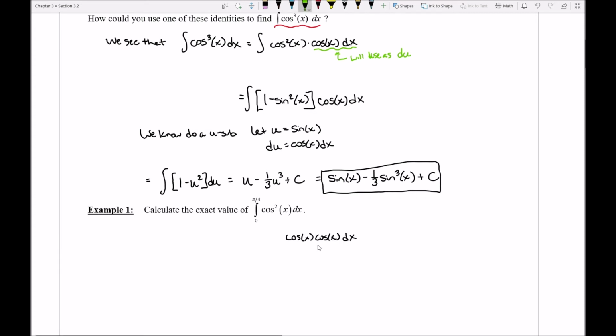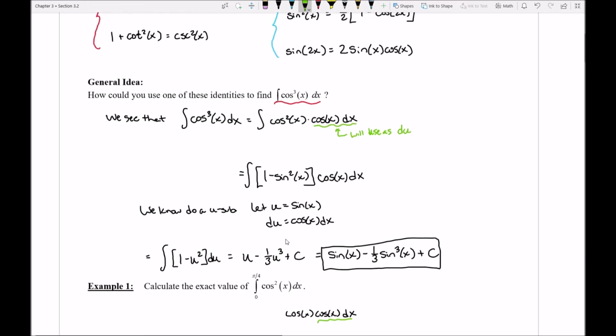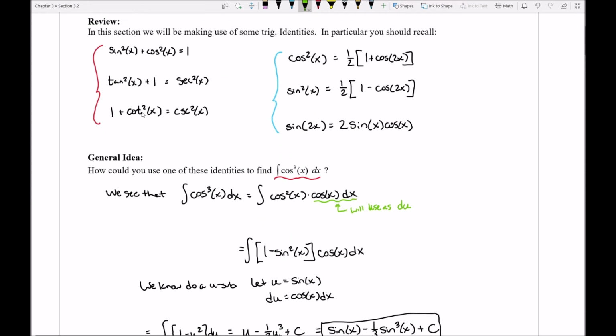And if I attempted to save this as a du, then I'd have to come up with something over here to replace cosine with. But if I take a look at what I have up above, I don't have any identities that really can help me very easily just get cosine of x equals. At least, it seems very difficult to do that without introducing a whole bunch of square roots or other squared terms that are going to make the rest of the integration a lot harder.